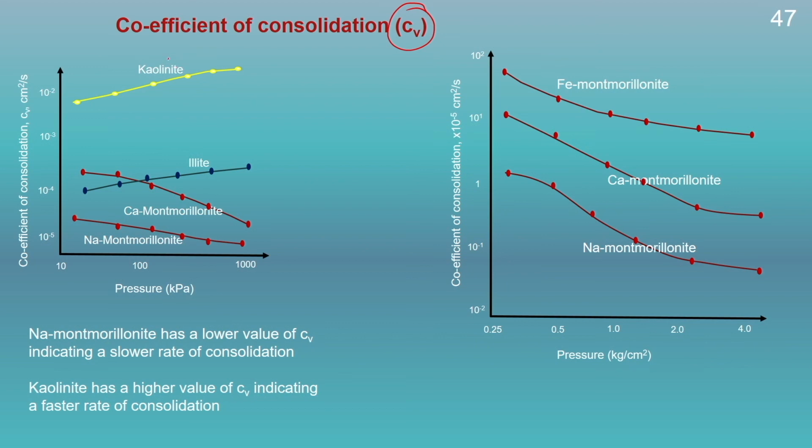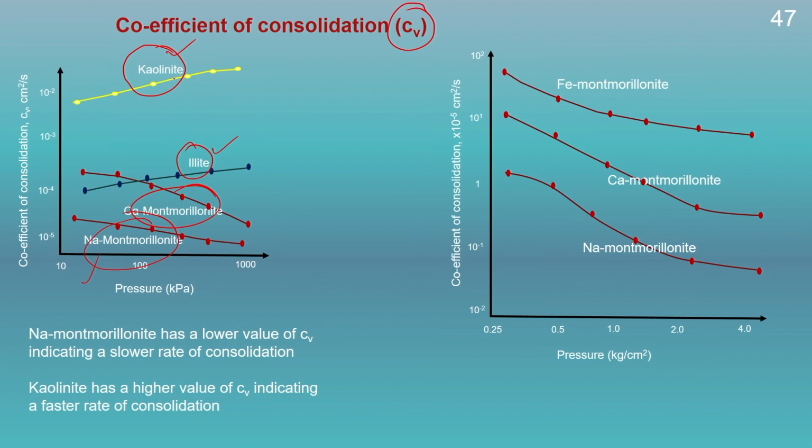Now, if we compare the Cv value or the coefficient of consolidation value for different minerals, we could see here that the mineral montmorillonite will have a very low value of coefficient of consolidation in comparison to kaolinite and illite. And out of these three minerals, the kaolinite will have the highest value of coefficient of consolidation.